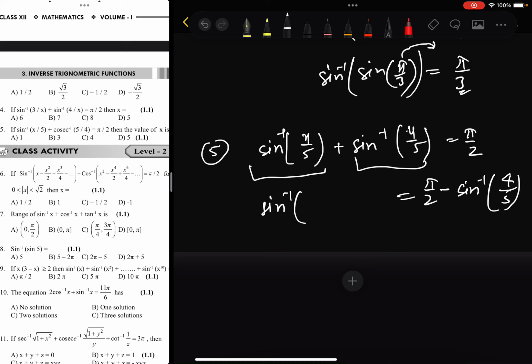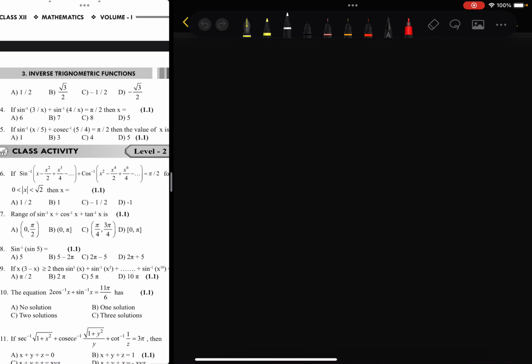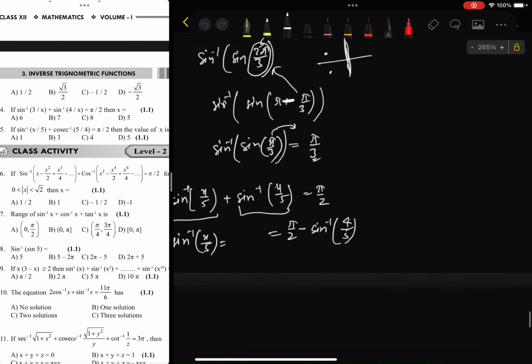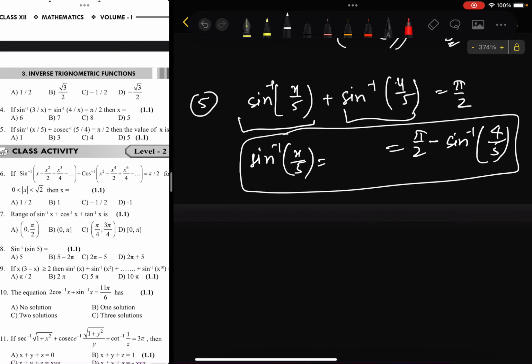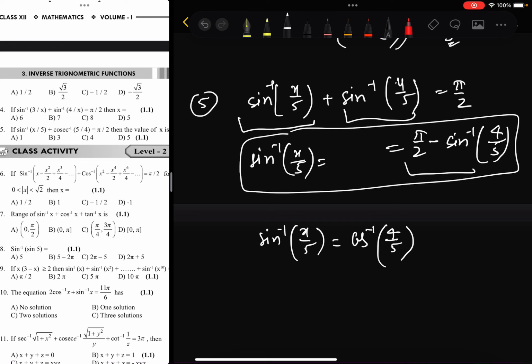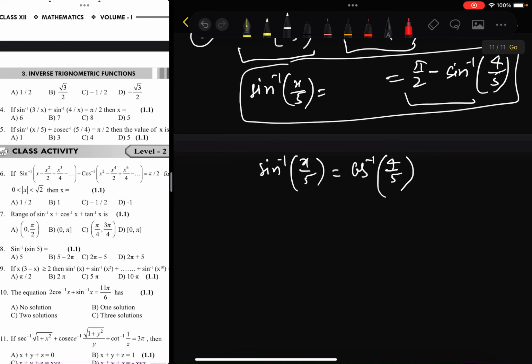So here sine inverse x by 5 equals pi by 2 minus this value. For this type of expression, you can write sine inverse x by 5 equals, this is cos actually, cos inverse of 4 by 5, right? Now you can use the formula.